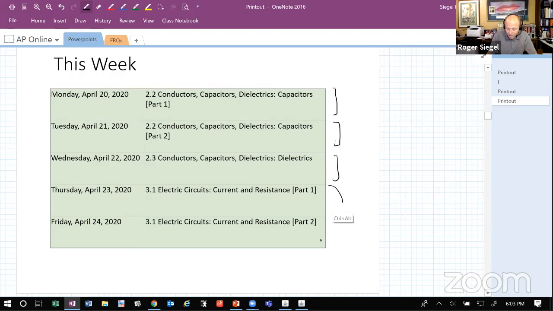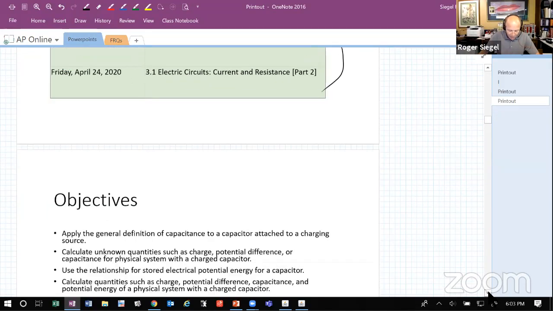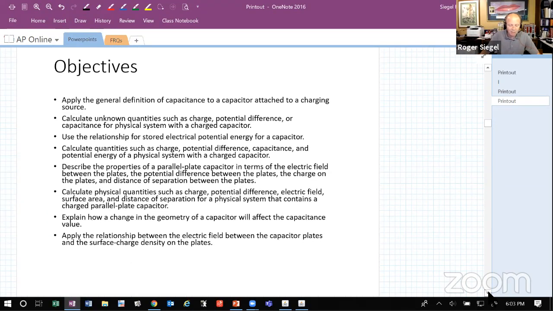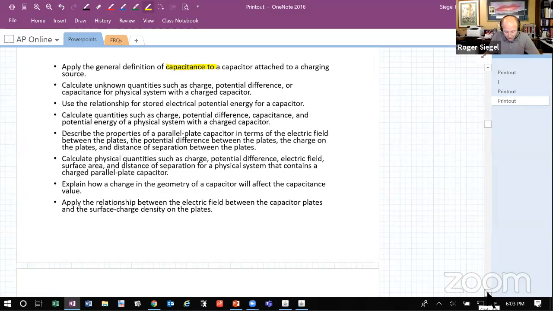And then we're going to start circuits, and circuits takes us all the way through the curriculum of AP Physics C. All right. Going down here, objectives tonight. I don't want to spend a lot of time reading them for you. You can come back and look. But really, everything is about learning about capacitors and capacitance and talking about what they are. And so that's going to be our guiding light.